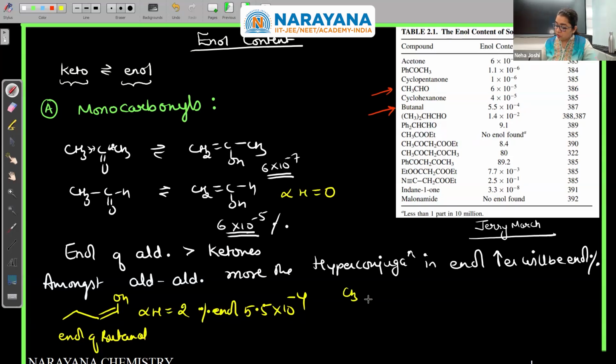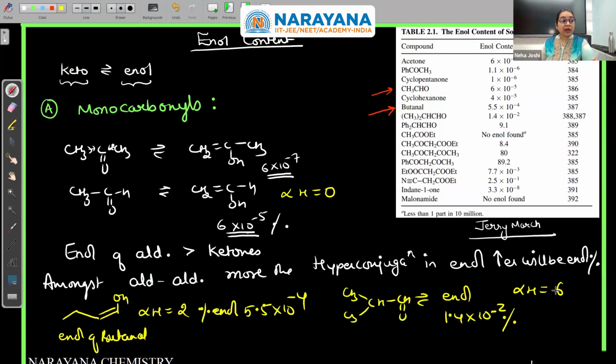Right? If I go for CH3CH2CHO enol, here it is, 1.4 into 10 to the power minus 2 percentage. And alpha H will be 6. But provided that you are talking only of aldehyde to aldehyde, ketone to ketone. If we jump here and there, then we cannot say that this will be valid.